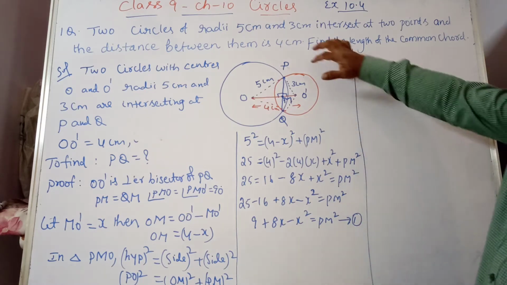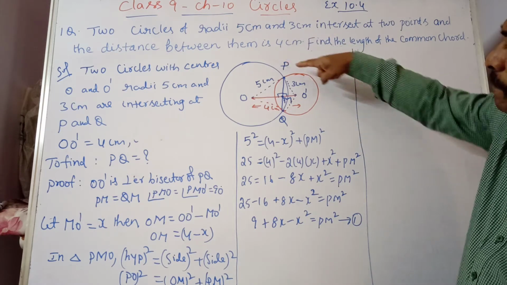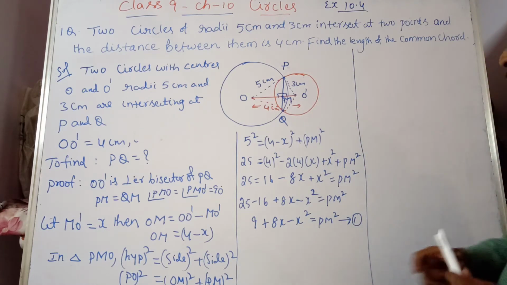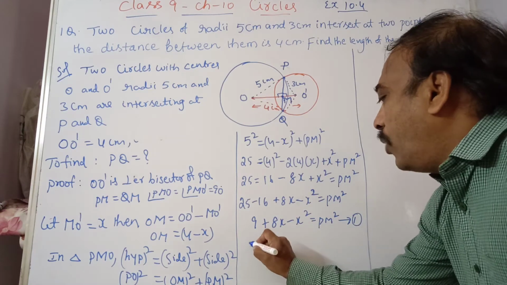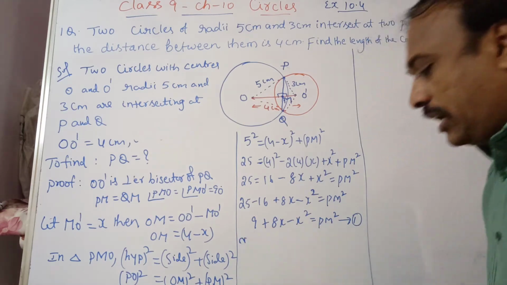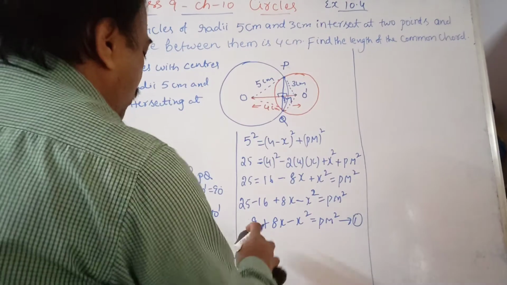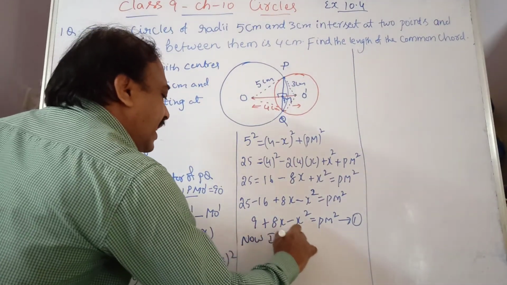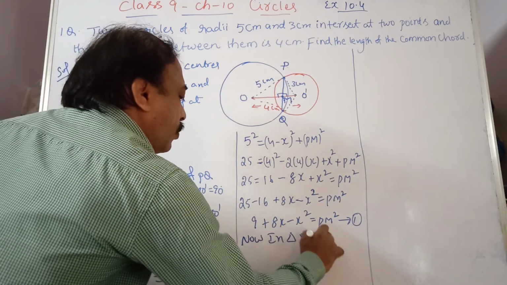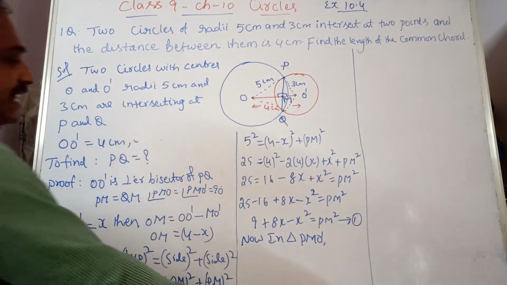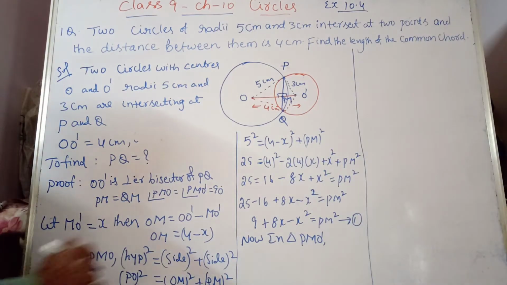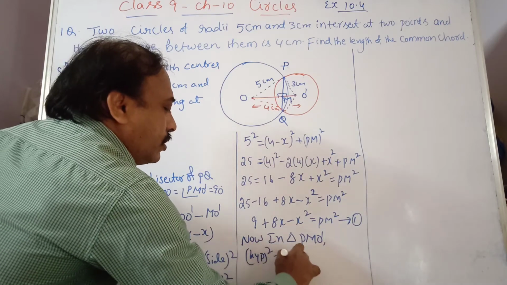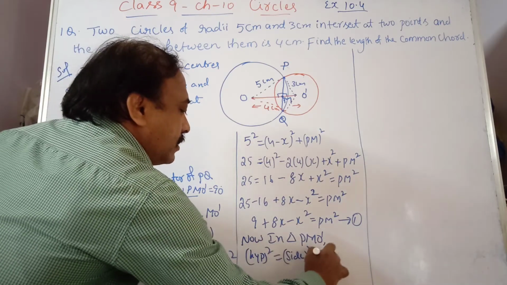Now use the triangle PMO'. In triangle PMO', similarly, by the Pythagoras property, hypotenuse square is equal to side square plus side square.